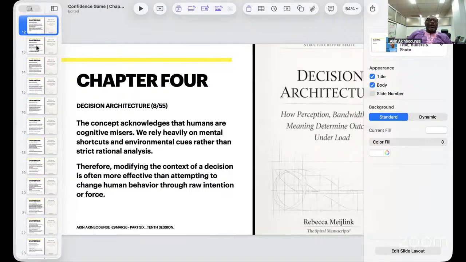So knowing our weaknesses in this area, decision architects can help us make the things that will help our decision be optimal come into our view, right?